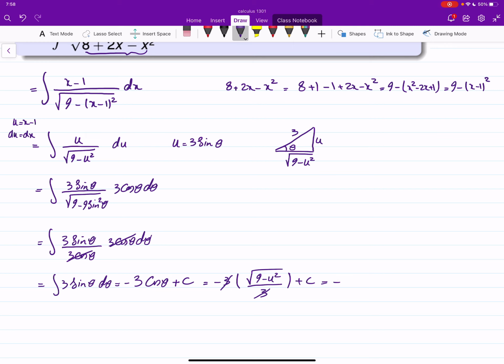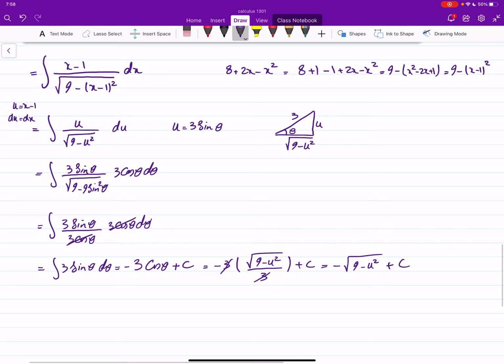So we get minus root of 9 minus u squared plus c. And then turn back to x values. So minus root of 9 minus x minus 1 squared plus c. And go ahead and expand that. That will give us the quadratic that we started with at the beginning. So it was minus root of 8 plus 2x minus x squared plus c.